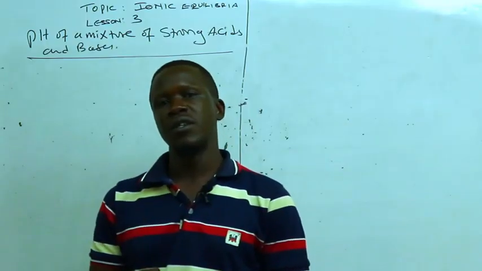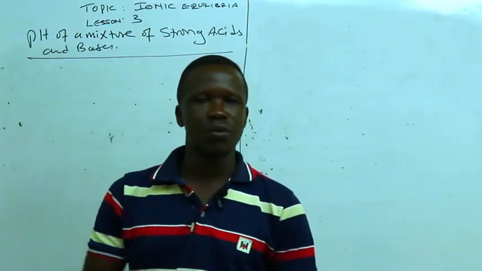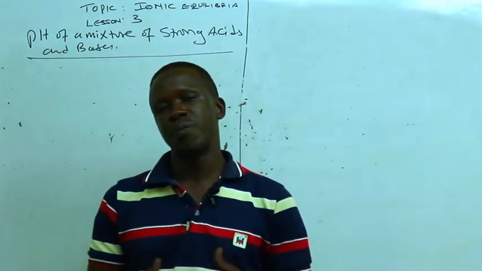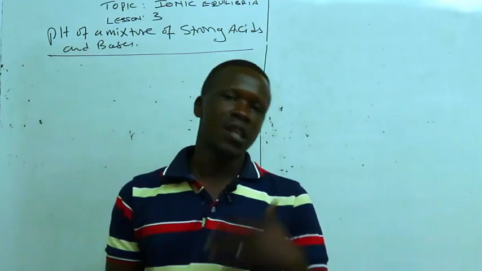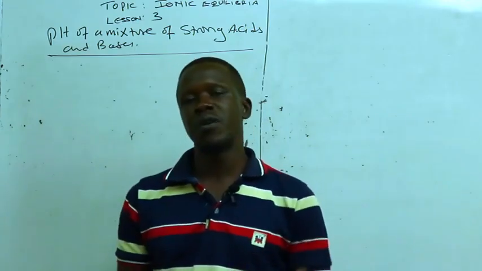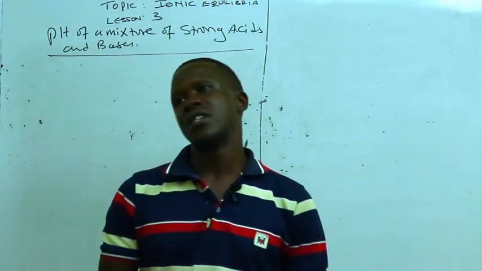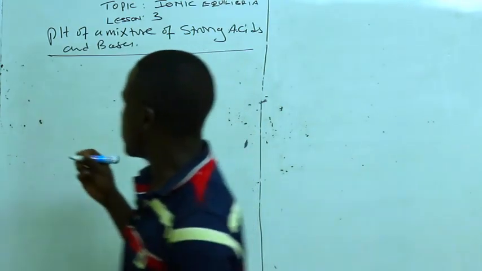The acid may remain in excess, or the base may remain in excess, and in that case the pH will be either greater than 7 or less than 7, depending on what remains in excess. So in this case, we could look at an example.